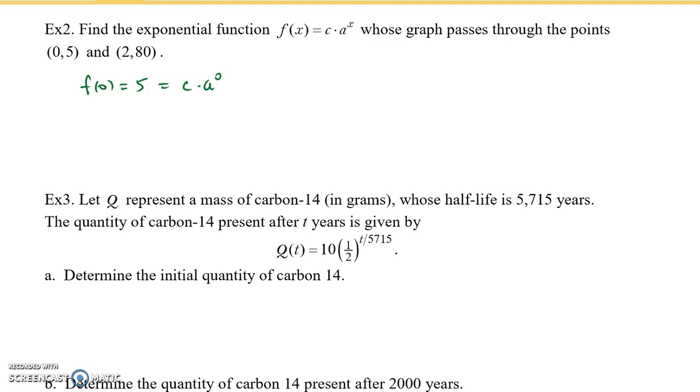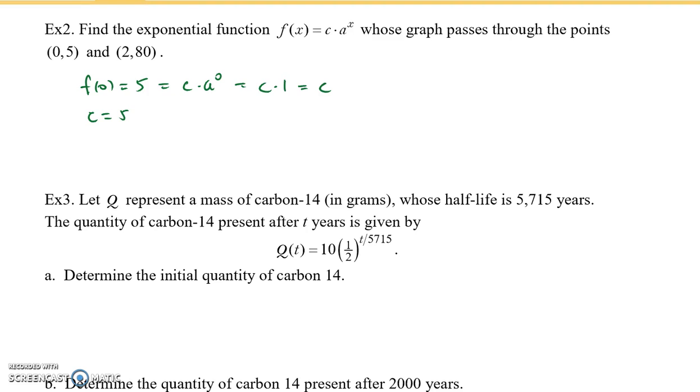But a to the 0 power would be 1. So that would be c times 1, or c. What we've just established then is that c is equal to 5. So the constant c represents basically the y-intercept of the graph. (0, 5) is the y-intercept.